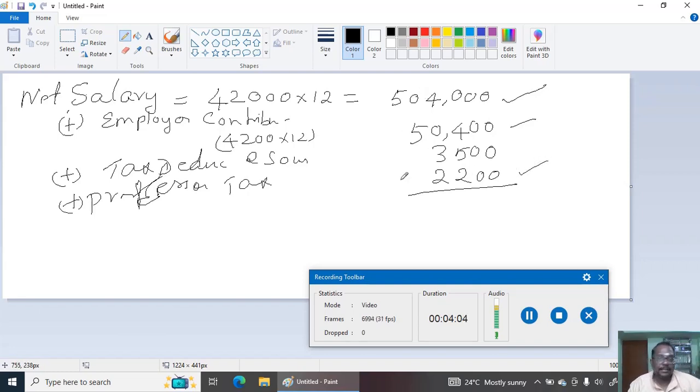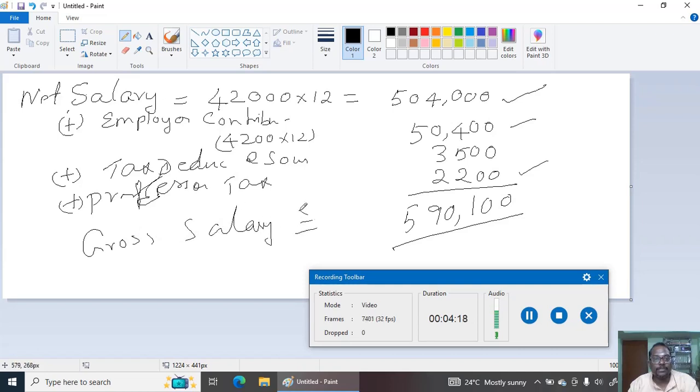So altogether it comes to 5,90,100. So this is the gross salary. This is the way to find out the gross salary. Your salary is fixed at 5,90,100 rupees, but you have received only 5,04,000 rupees. Why?